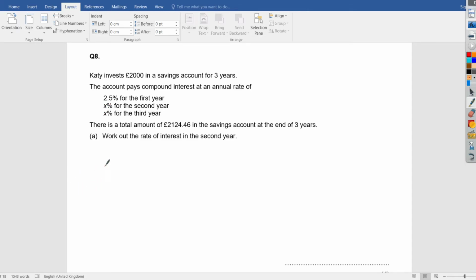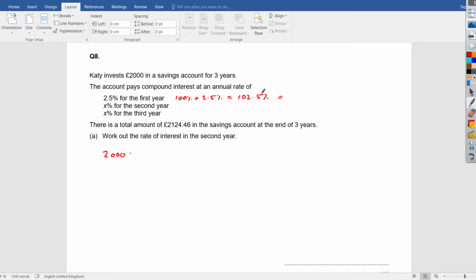Let's start by forming an equation. We have 2,000. My multiplier here is going to be the 100% plus the 2.5%, which equals 102.5%.